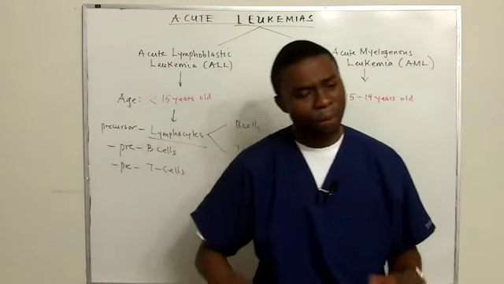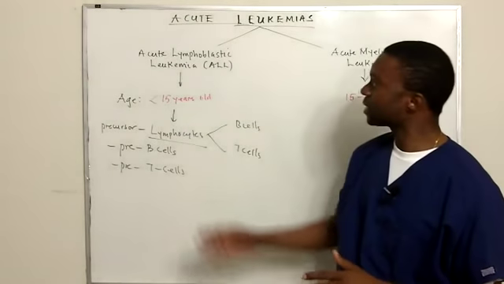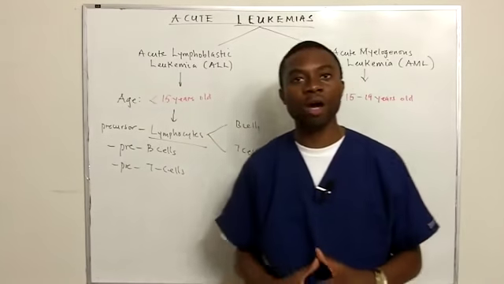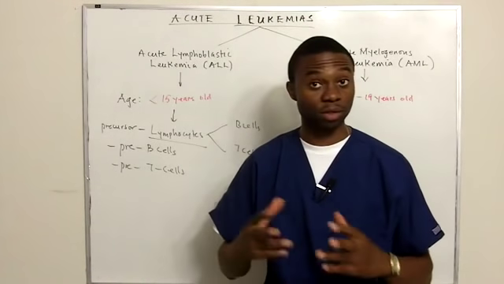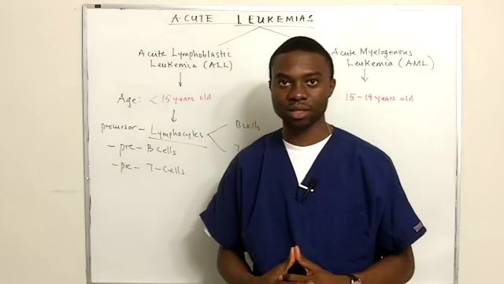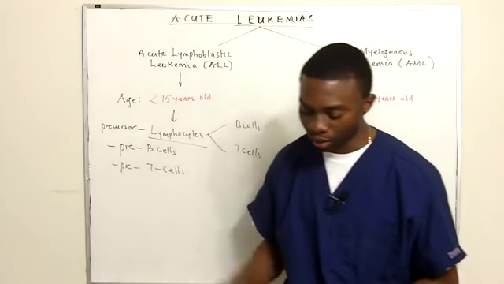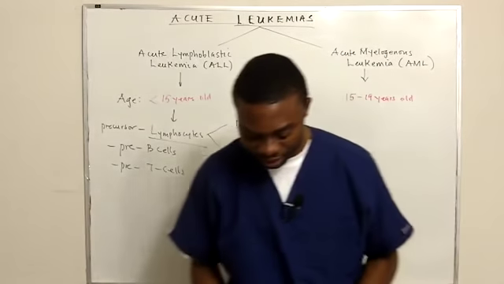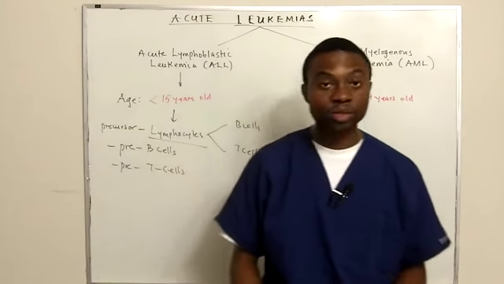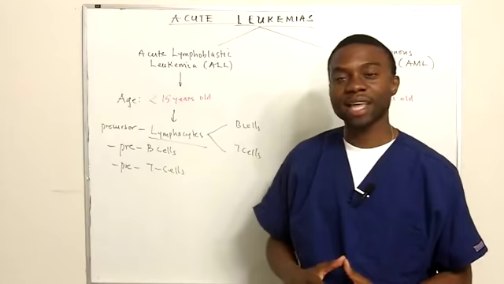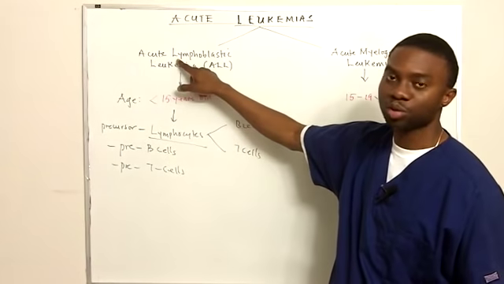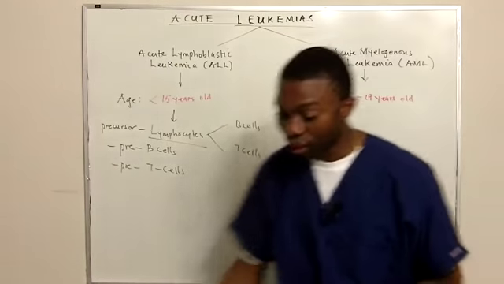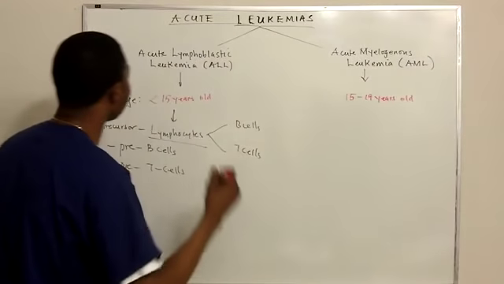But what I want you to also remember is ALL is by far the most common kind of leukemia in the United States. Don't forget that. It's the most common kind of leukemia, especially in age less than 15 years old. Another thing you need to know about ALL is that it loves to respond to chemotherapy. So this is how I remember which one responds to chemotherapy.